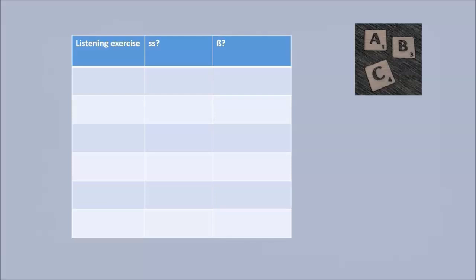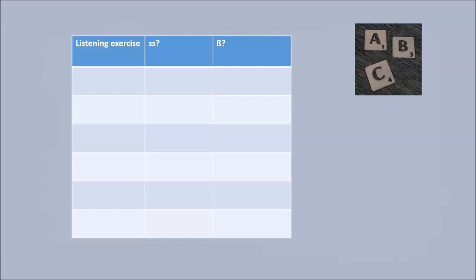Two S's or SZ? And then wir wissen. What about wir essen? Or aß. What do you think? Did you spell them correctly with two S's or SZ?